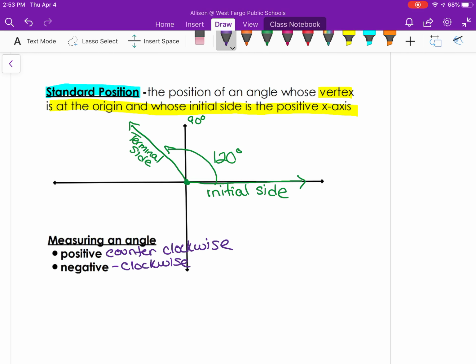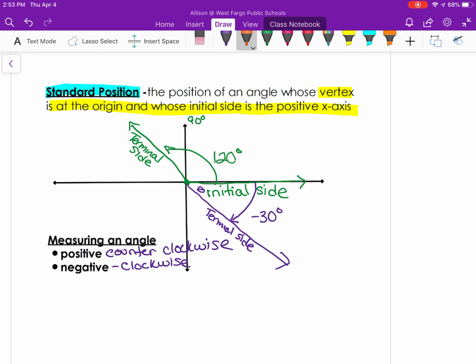For example, if you start with the initial side at the positive x-axis and go clockwise, we won't go all the way, we'll go about there. Let's say I went 30 degrees clockwise, so that would be negative 30. This angle that it created here would be negative 30 degrees. And then the purple one there would be my terminal side.